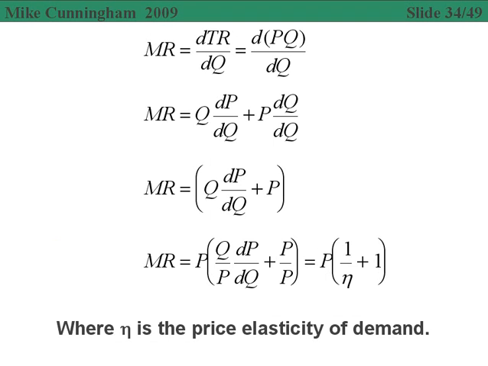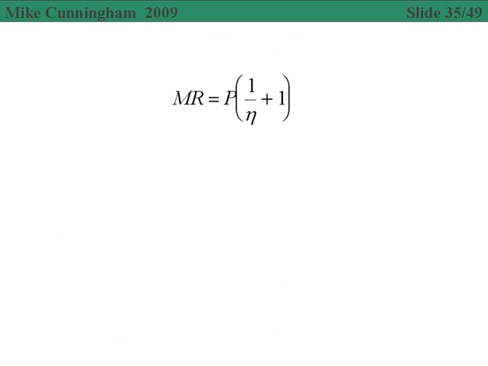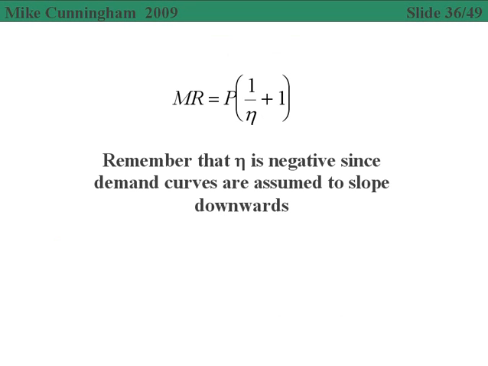Okay, we're getting towards a useful little expression here. We haven't got there just yet. Let's just carry on. Eta, the elasticity figure, is always negative. Well, for downward sloping demand curves, it's always negative. And by convention, of course, when we do calculations, we just simply ignore the minus sign.